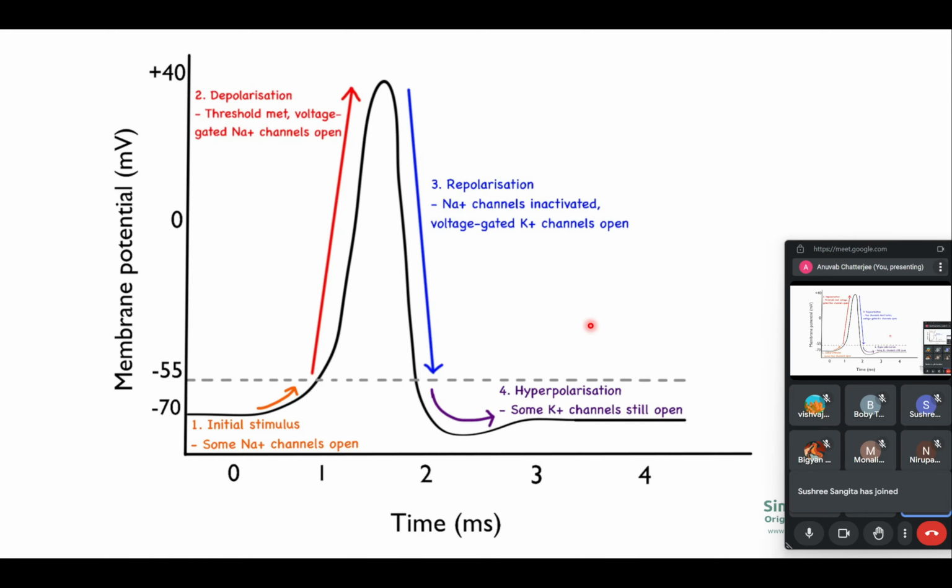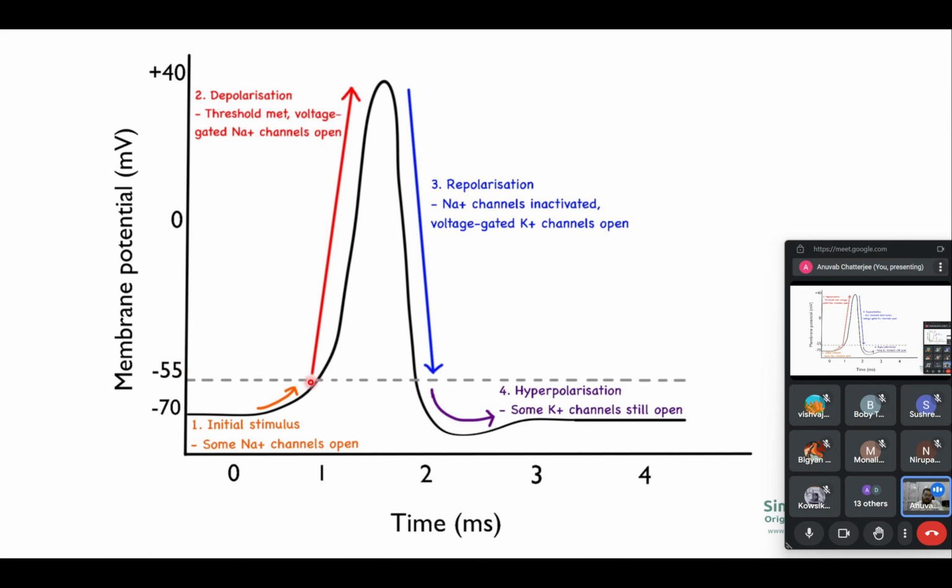Okay, so this is the diagram that we just saw. So here we see that the initial stimulus increases the membrane potential from resting membrane potential to a bit higher. So here the threshold is shown as minus 55, but depending on the neuron it could be minus 40, it could be minus 30.